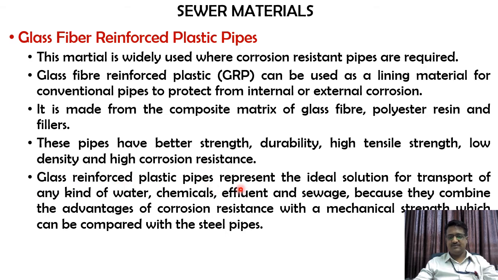The liquid inside can be water, chemicals, industrial effluent or sewage, because they combine corrosion resistance with mechanical strength comparable to steel pipe. All these advantages can be compared with a steel pipe, but here the weight is less and it can be easily transported and laid. So this becomes a frequently used, modern material for sewers.